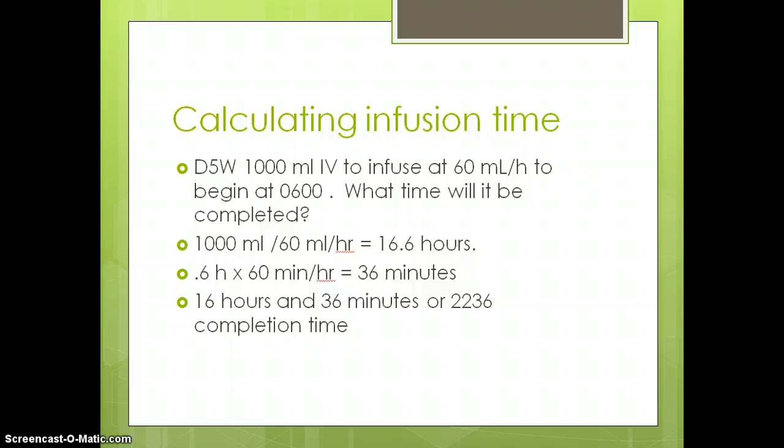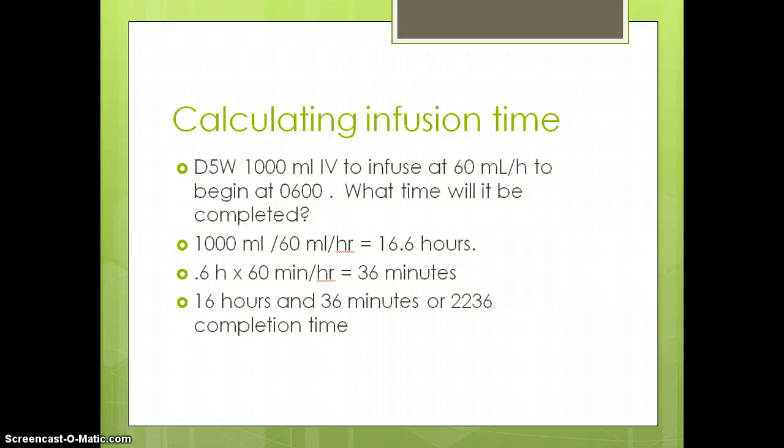Calculating infusion time. D5W 1,000 milliliters is going at 60 an hour, and you want to begin it at 6 a.m. What time will it be finished? Well, 1,000 milliliters over 60 milliliters an hour tells you 16.6 hours.